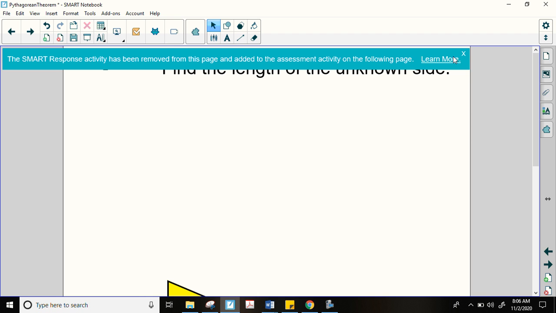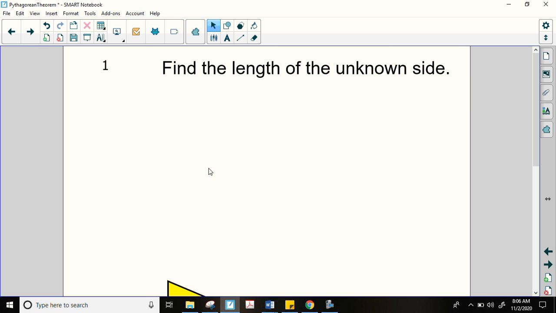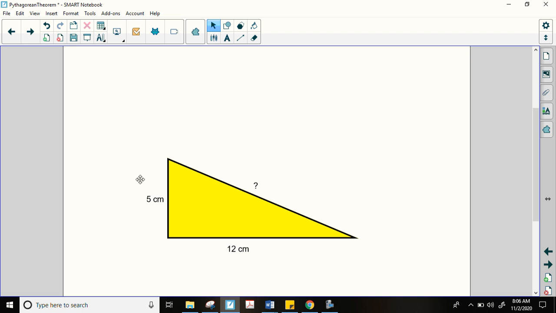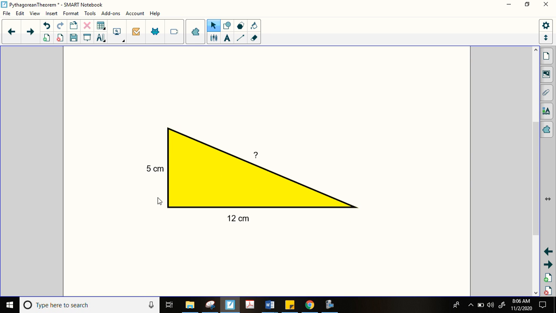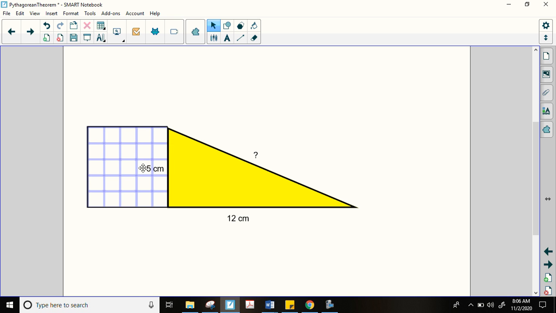So what does that mean for us? Let's find the length of an unknown side. So here is a triangle. If we were using Pythagoras's work, we would have said, okay, let's make a square on the side of 5. So let's extend it and make a square here. That's a 5 by 5 square, so there would be 25 pieces. Okay, and then there's 12.